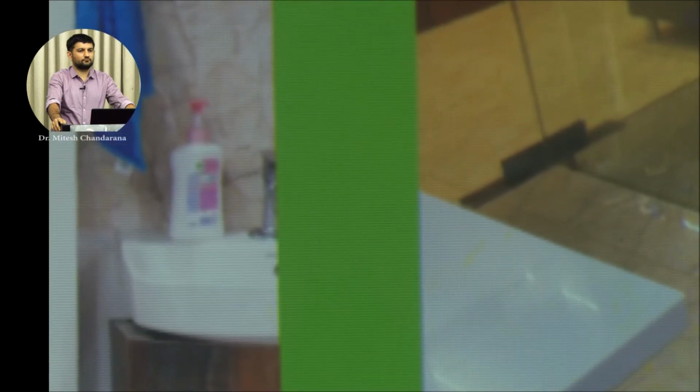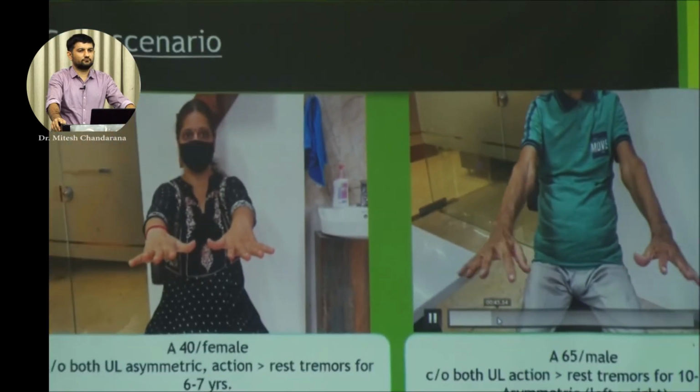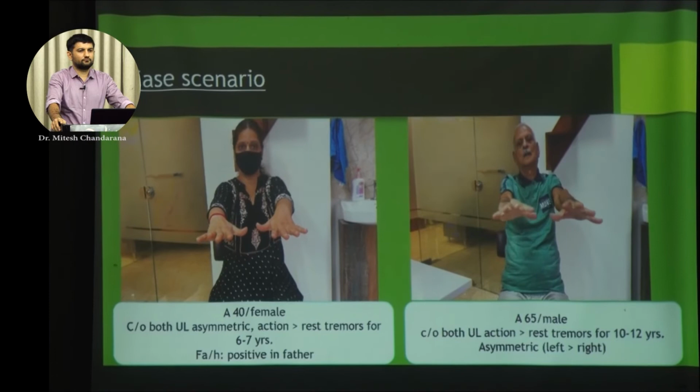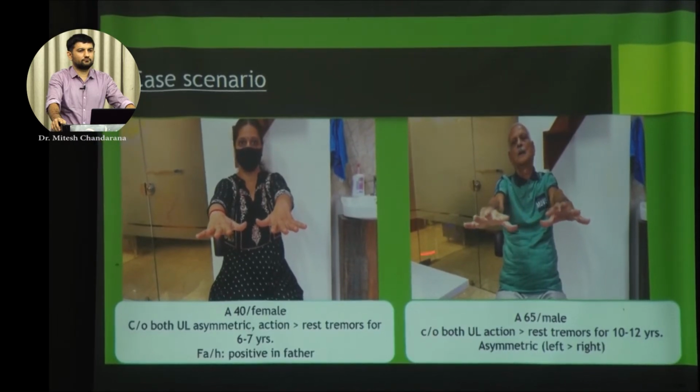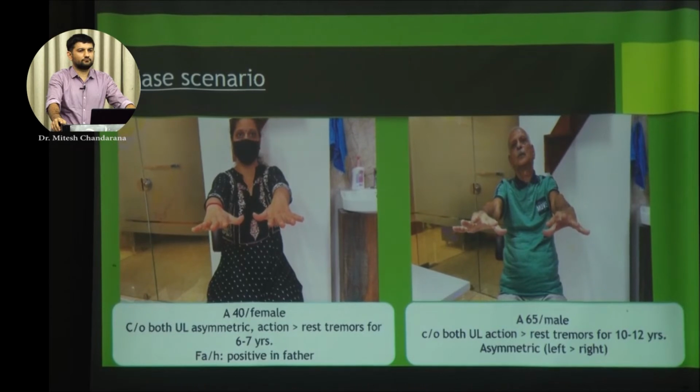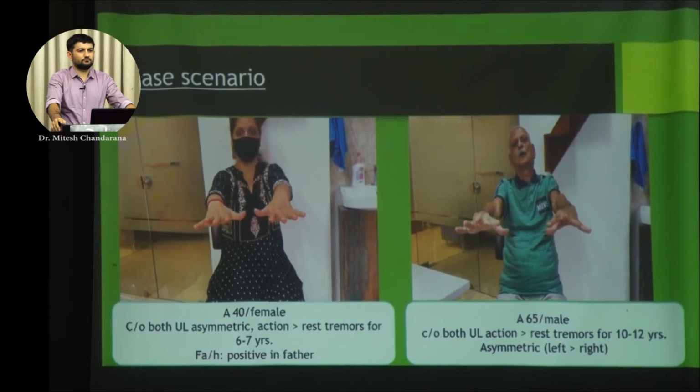Mild neck posturing in the son, but in this patient, we can see significant dystonic posturing of both upper limbs as well as neck. So the diagnosis changes. So it becomes familial dystonic tremor.